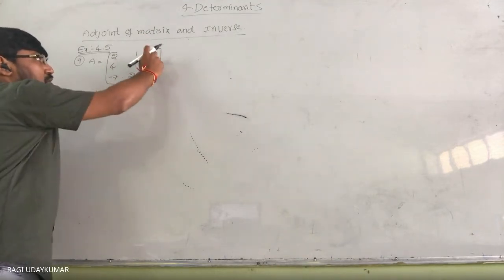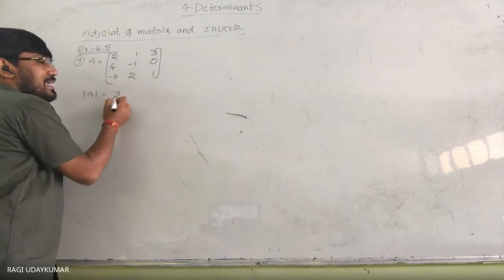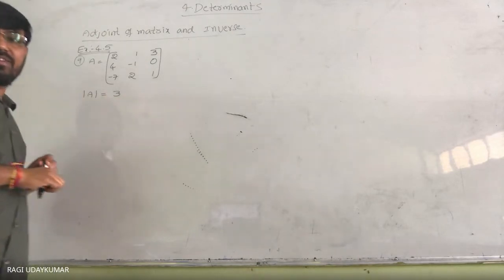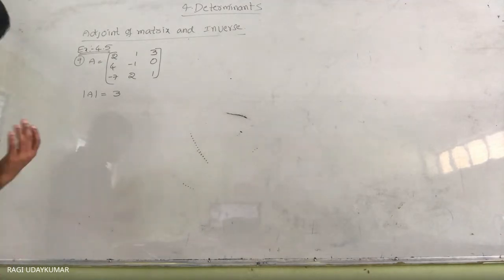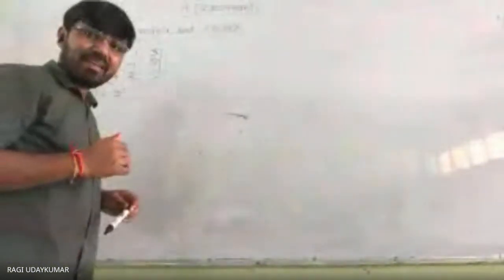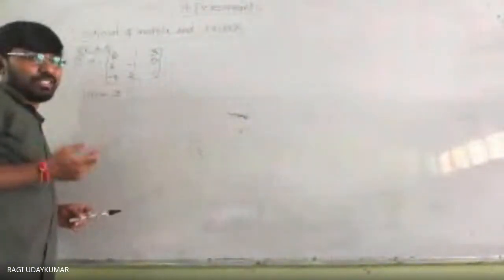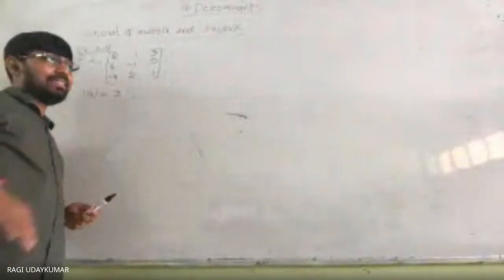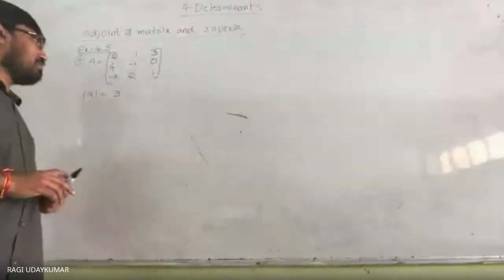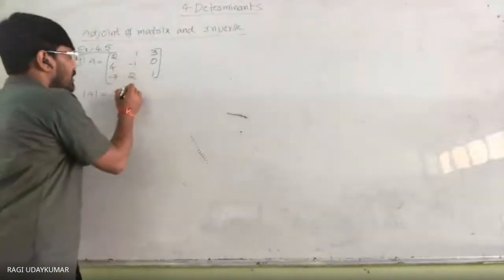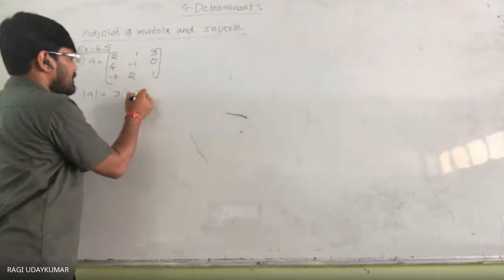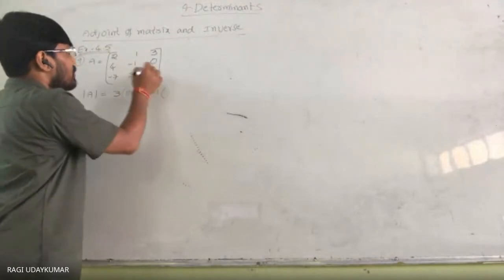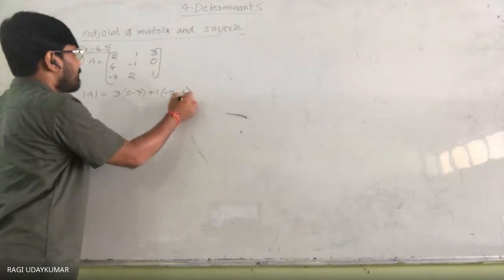This column is positive, negative, positive, so positive 3 into the determinant of this. If you find that, you will know whether the inverse exists or not. You can find the determinant of A by writing the cofactors first, which is easier. So we get 3 into this row and column, 8 minus 7, plus 1 into minus 2 minus 4.